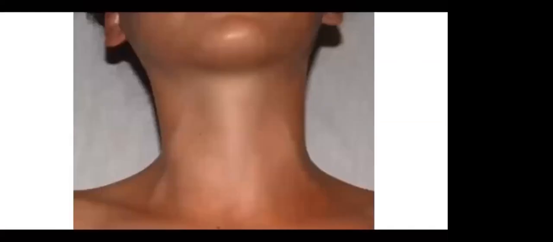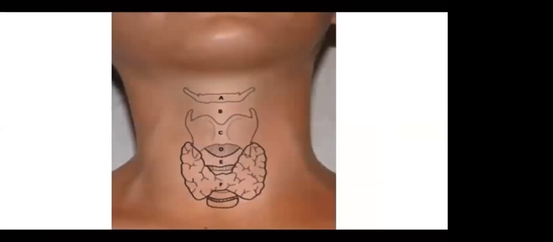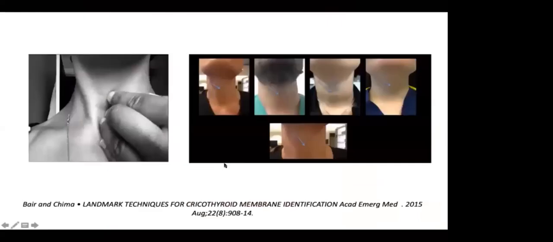In thin and lean subjects, cricothyroid membrane may be easy to palpate. It is located between the thyroid and the cricoid cartilage. Traditional methods of locating cricothyroid membrane is by using 4 fingers for digital palpation and by guesstimating using the neck folds.